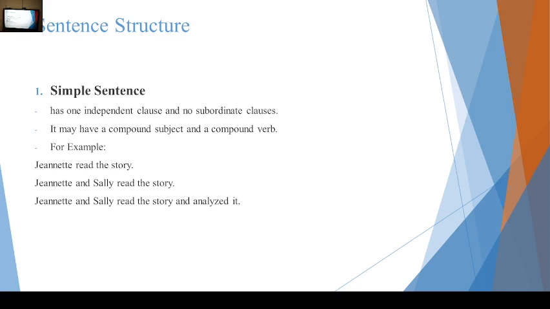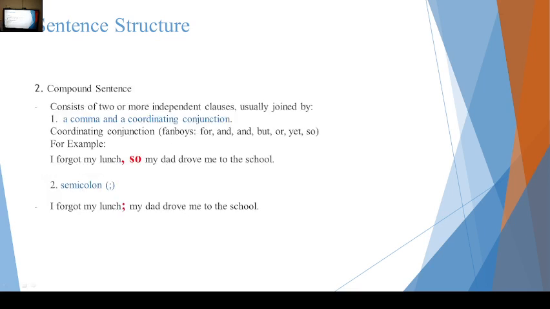So again, a simple sentence is one independent clause, a subject and a verb, or a compound subject and a compound verb. Okay? And no subordinate clauses of any kind. The second type of sentence is the compound sentence.